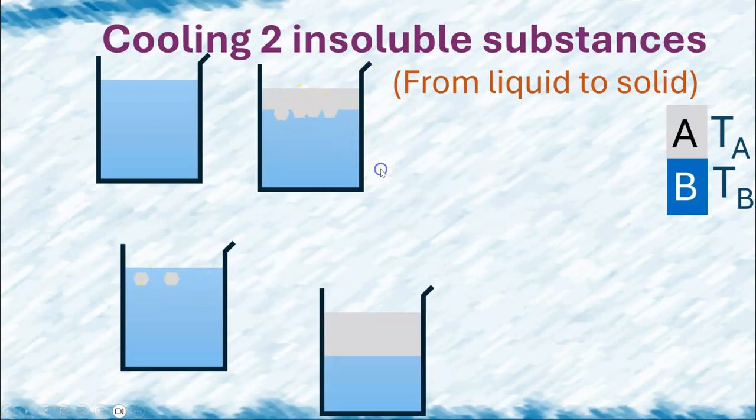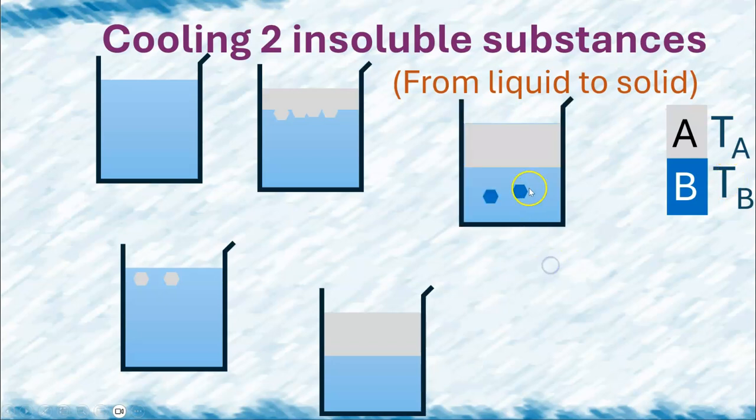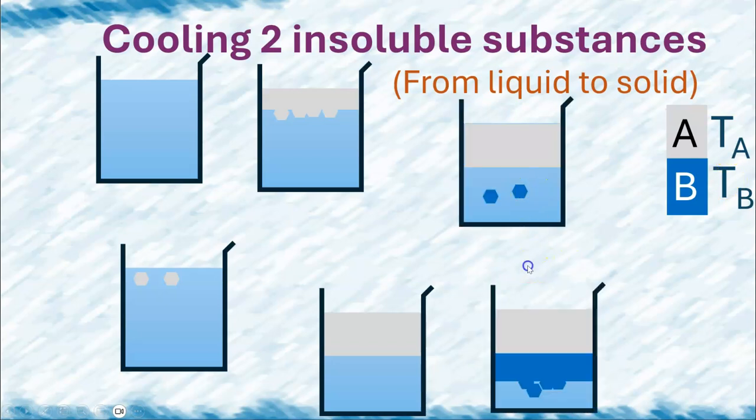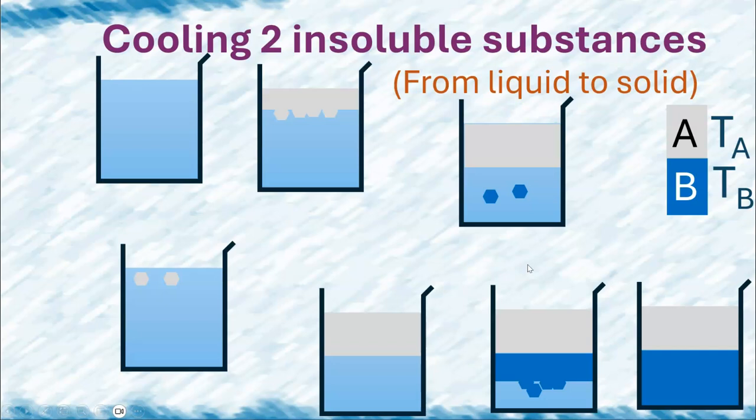More A solidifies. All the A is solidified, and then the rest of that mixture is just B. As we reach the melting point of B, B starts solidifying, and more B solidifies until it's all completely solid, and then it can cool down further.